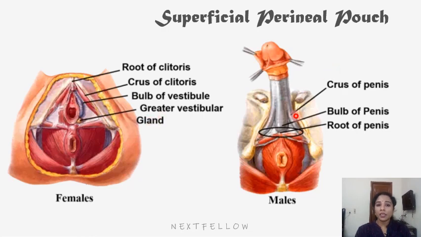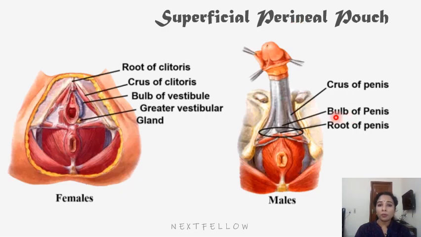And in males the contents are the root of penis and superficial perineal muscles, and in females the root of clitoris, along with the superficial perineal muscles. Let's see what those superficial perineal muscles are.